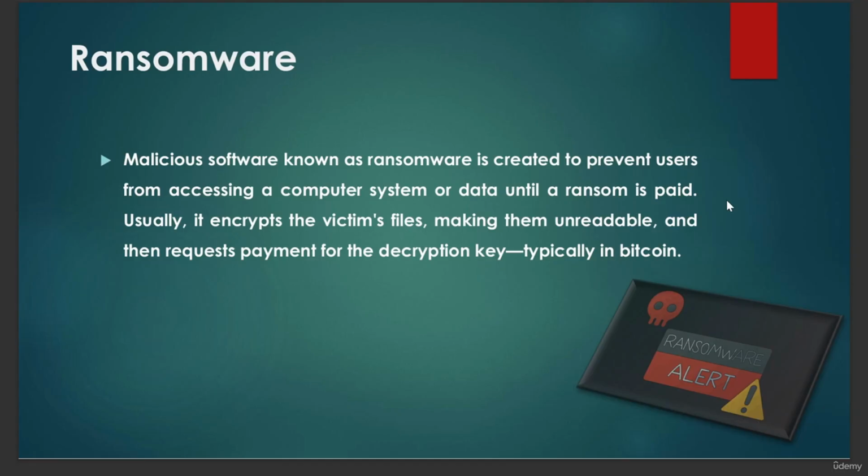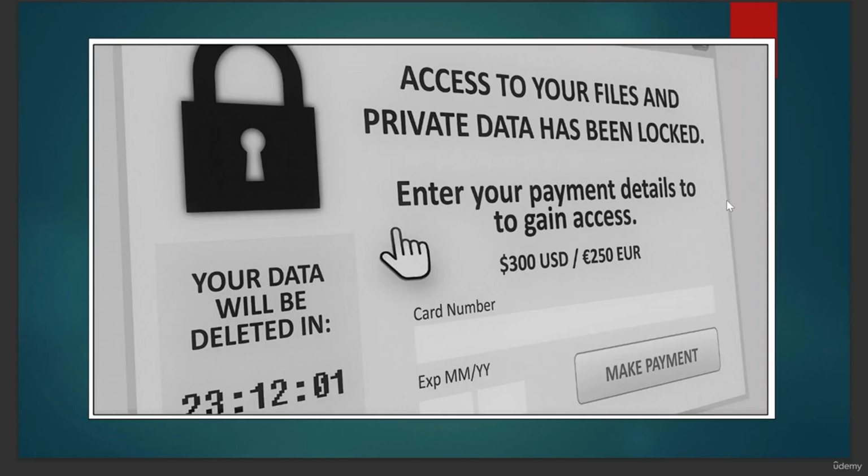Now, malicious software known as ransomware is created to prevent users from accessing a computer system or data until a ransom is paid. Usually, it encrypts the victim's files, making them unreadable, and then requests payment for the decryption key, typically in Bitcoin.